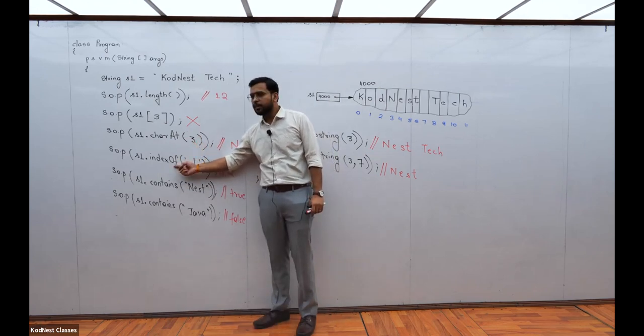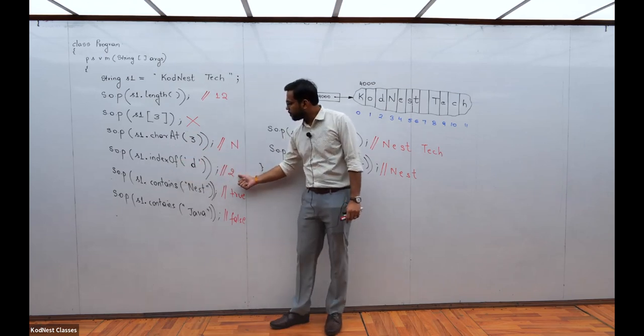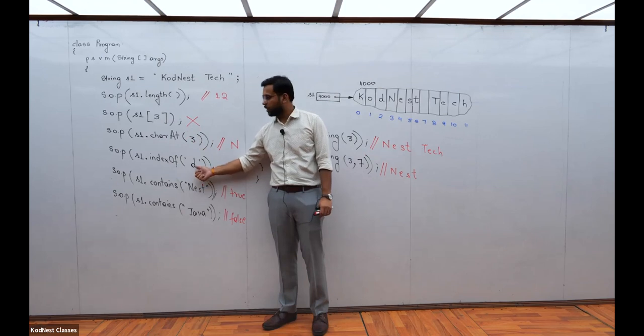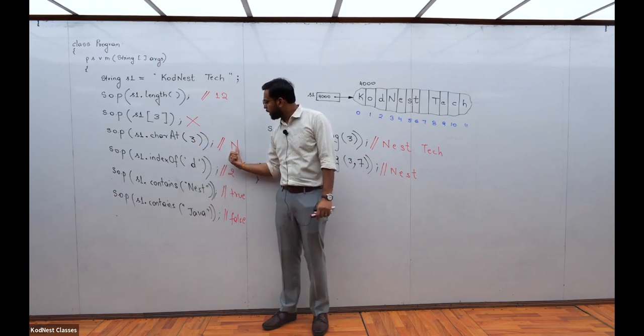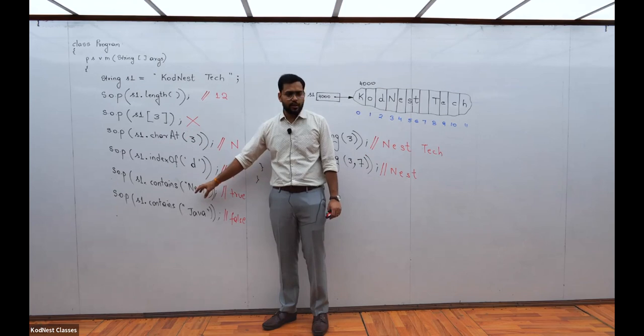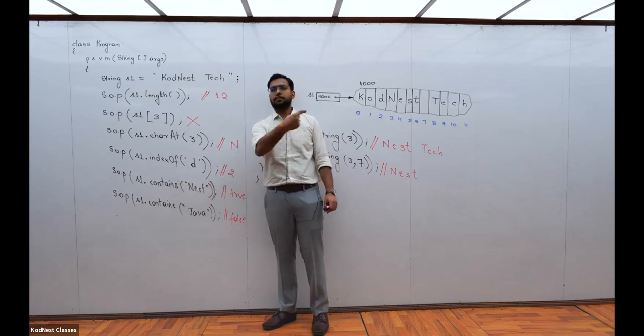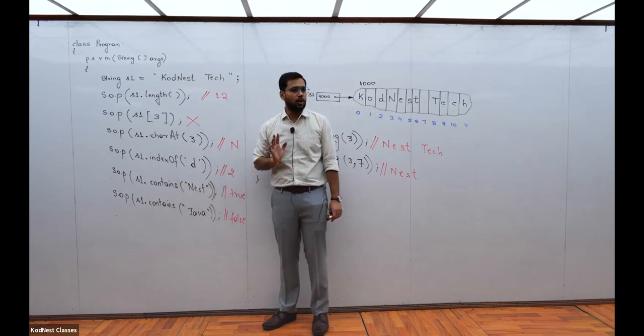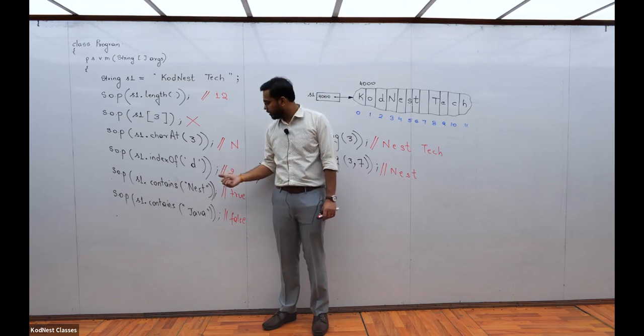What will the indexOf method do? It will return the index of the specified character. Here you are getting the character of the index. Here you are getting the index of the character. What will the contains method do? It will check whether a substring is present in the original string or not. If it is present, it will return true.